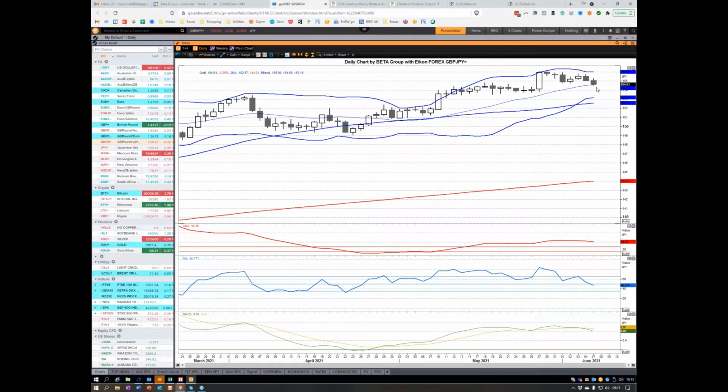So if you weren't in it, some people would consider this a setup for a re-entry level or an add-to-position level, another pause like this one or this one prior to another impulse move in the direction of the trend. The trend is very strong, so I don't expect this pullback to last too much longer. Depending on your position and your attitude to risk, this could be considered an opportunity.